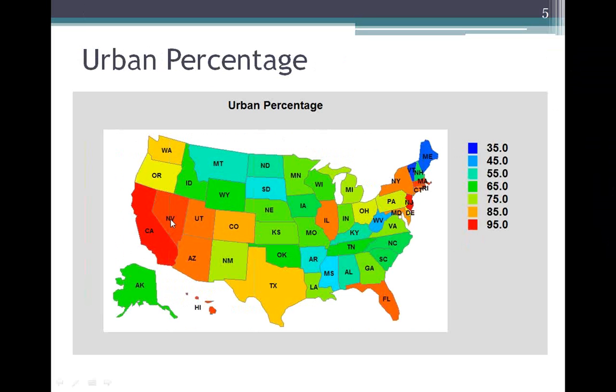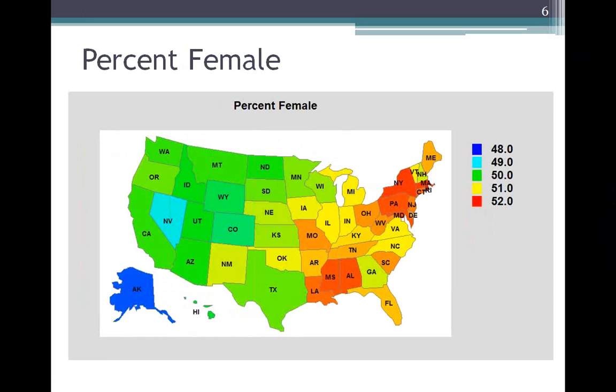That's one of the 12 dimensions that we'll be working with in terms of actually characterizing these states. Another interesting dimension is the percent of the population that are female. I was a little surprised when I first saw this graph, but there's actually quite a bit of variation amongst the 50 states in the United States in terms of what percent of the population are women versus what percent are men.